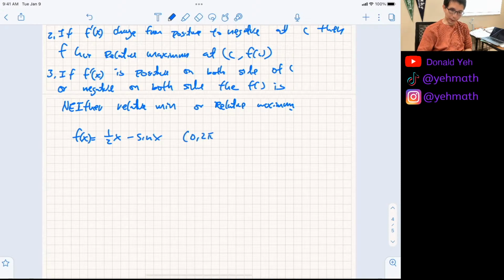I want you to find where the relative min and max is. I want you to give it a try. You wanted to find what? I want you to find out where the relative extrema is.